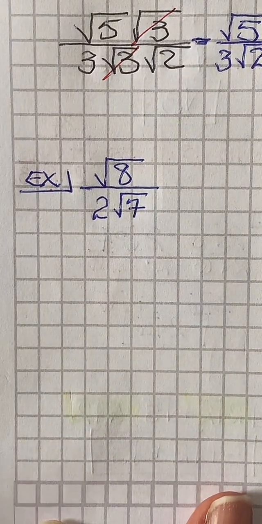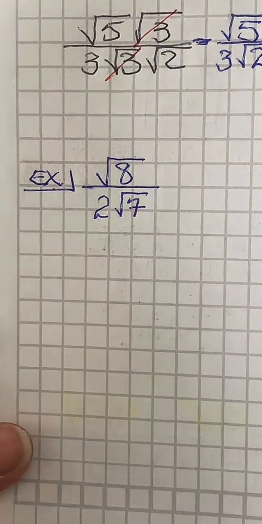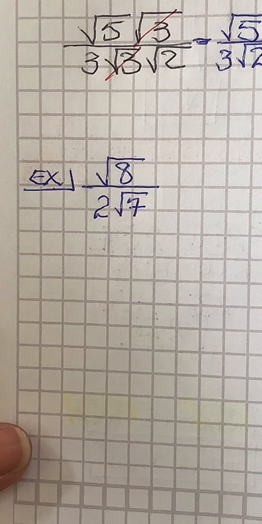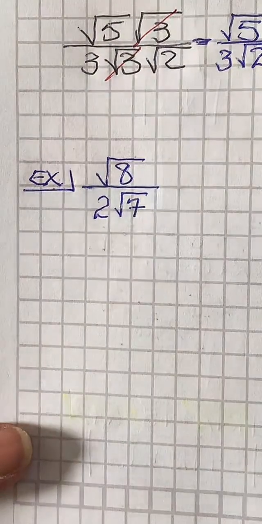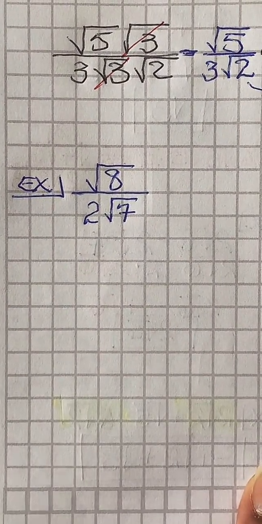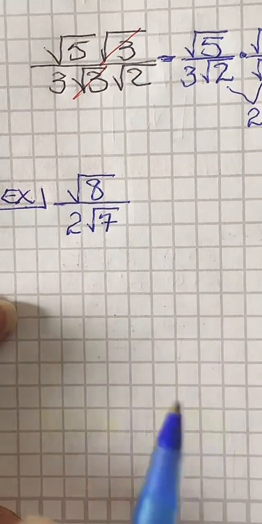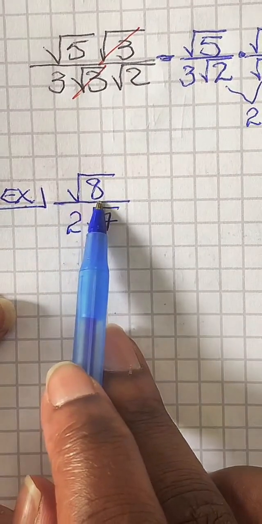So let's take a look. I am actually going to use, what was her name? Nanya. Lian, how are you? All right. So I'm going to actually use your process, Nanya. Okay. So we have the square root of 8.